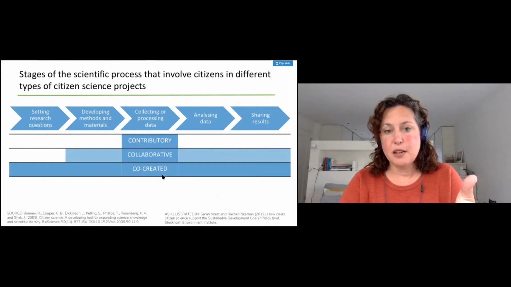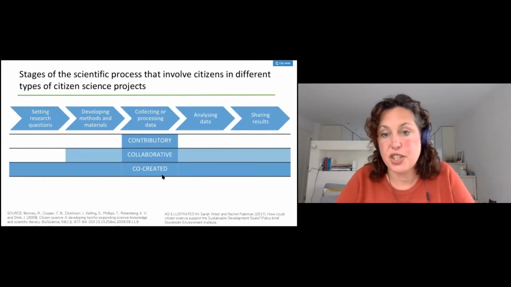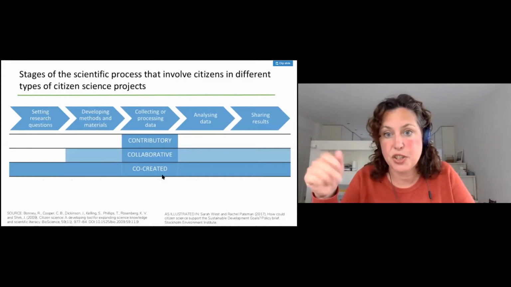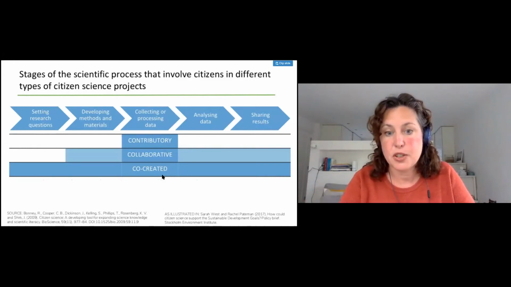And if you look at the three major categories of ways that people are participating in science, they can be contributing data, which is then the collecting or processing data stage of research, or they could be collaborating with the research process and with scientists doing the research, and that's across an even wider range, or even getting into the co-creation of the scientific research, and that's across everything from setting the research question all the way through to implementing any outcomes that come from the research.